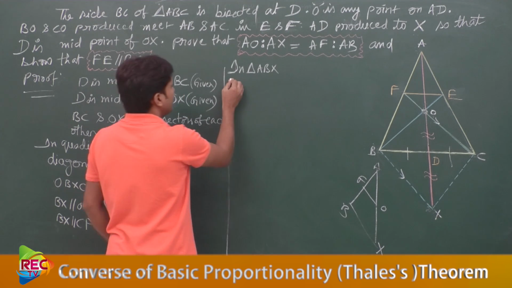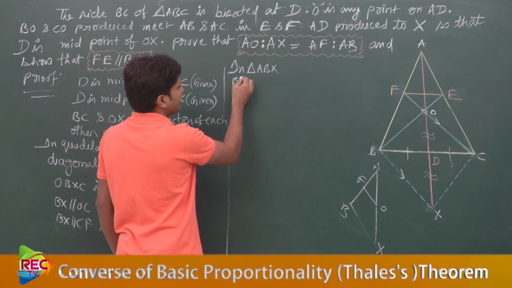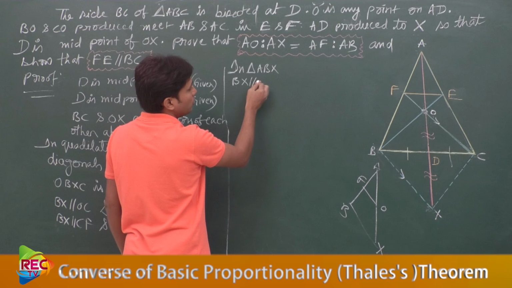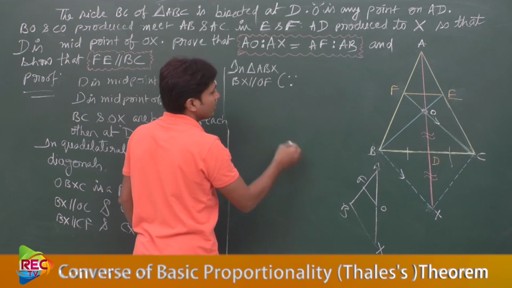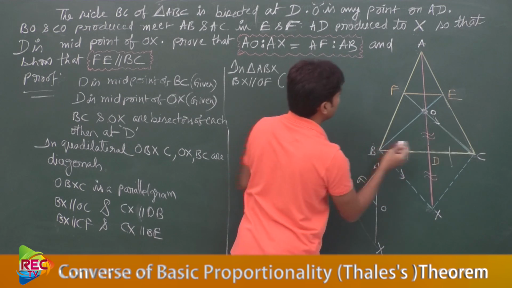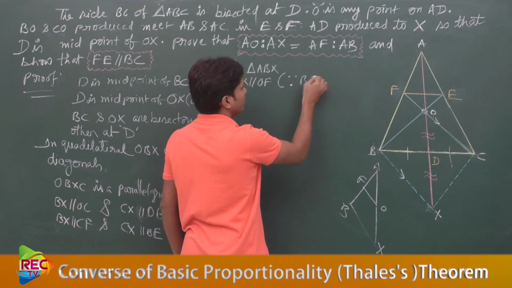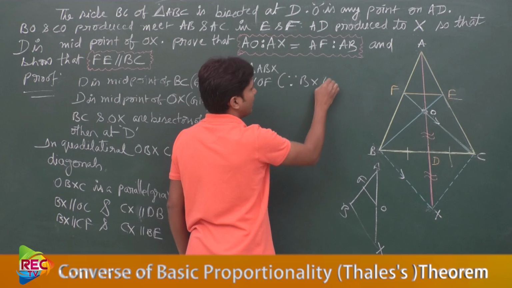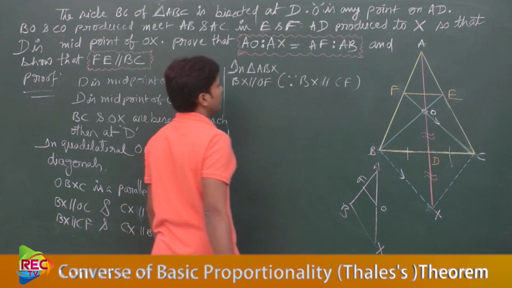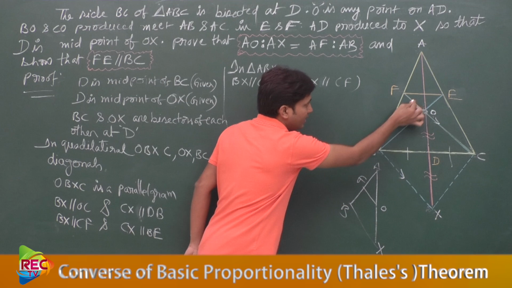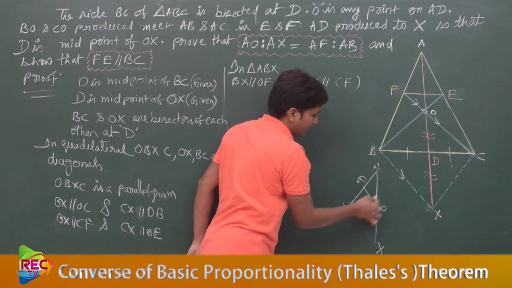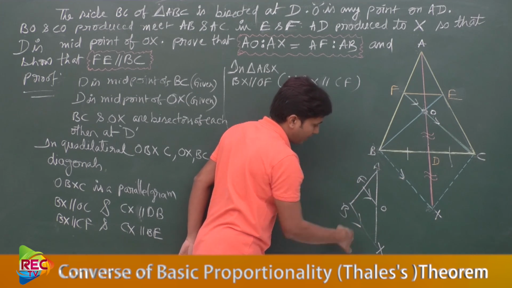So here BX is parallel to OF, since BX is parallel to the bigger segment CF. Now just see, from this what can we say? This line is parallel to this line. So here these two lines are parallel.